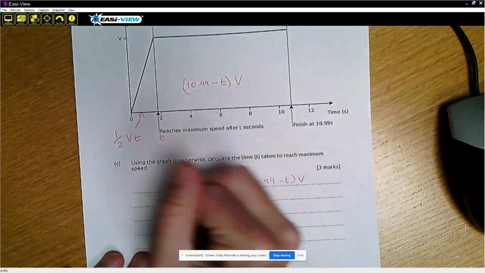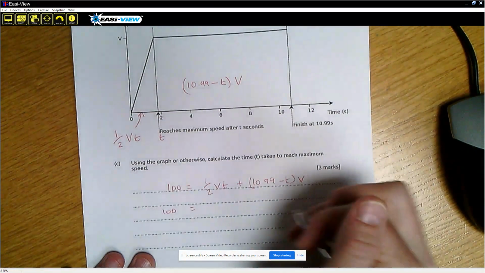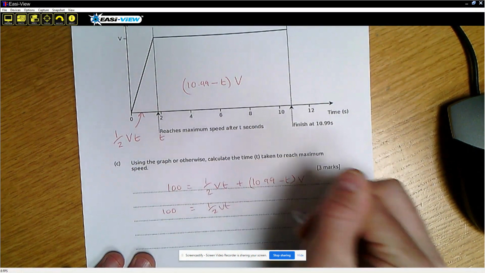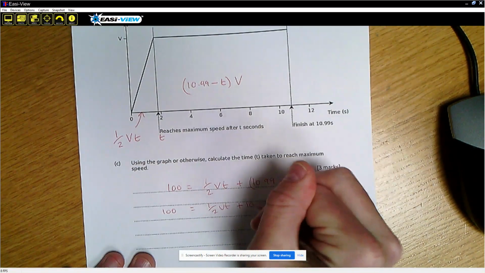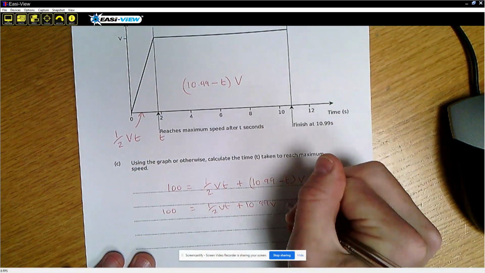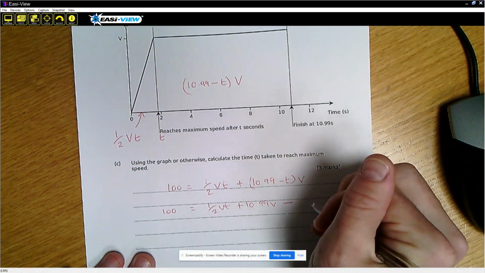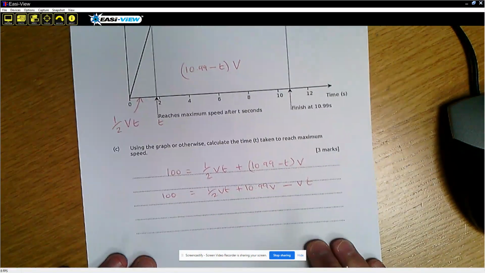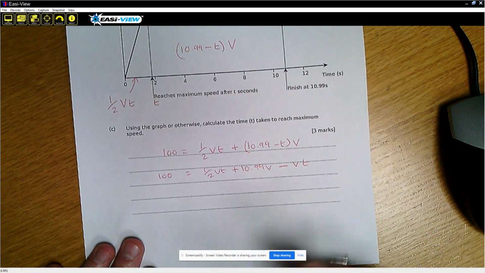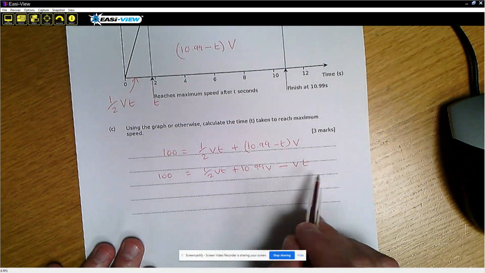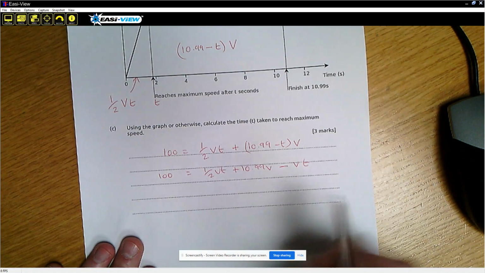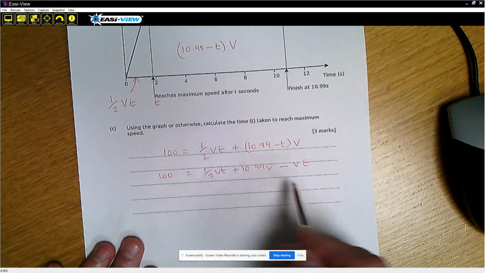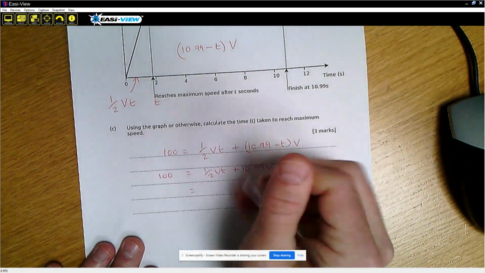So we'll multiply that out. And we have 1/2 vt plus 10.99v, take away vt. We know the top speed is the same, so we've got 2 unknowns, but actually because we know what v is, we can substitute that in.